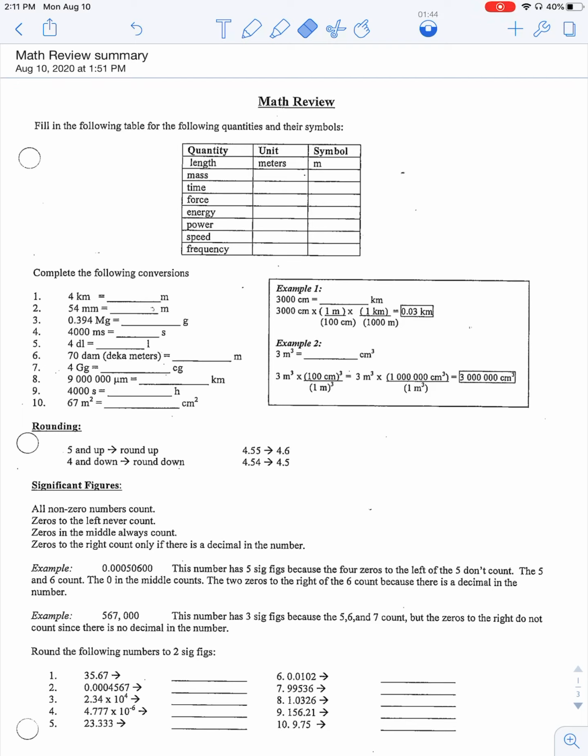So this very first section on this paper is just a chart where we have various types of measurements, and a place for you to indicate what the desired unit should be for that measurement, and then the symbol or abbreviation that we're going to use whenever we express that measured value with the unit.